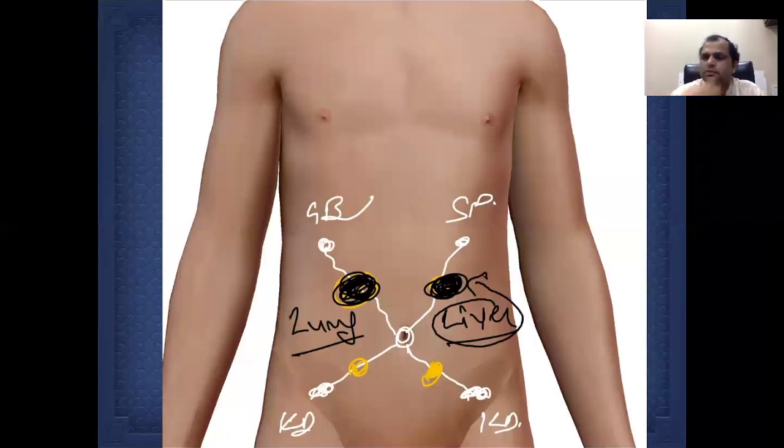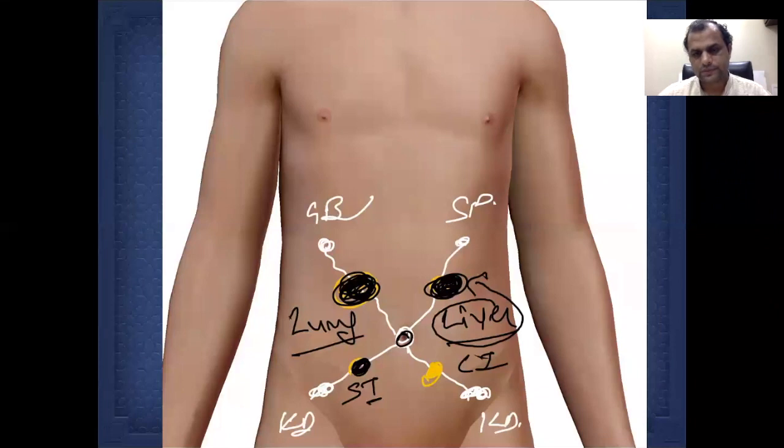On the right side, we are having both lungs. If you see on the right side, from the navel, if we connect the kidney, this is the small intestine, and on the left side, this is the large intestine. So when we are pressing the points, we are finding the exact tenderness.